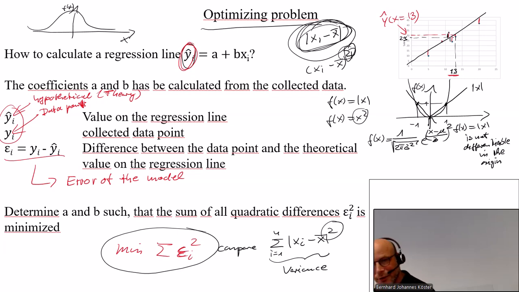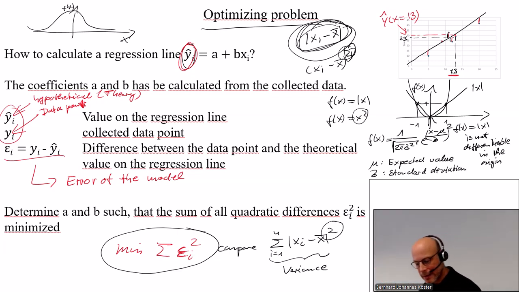Well, it's much larger, I'm sorry. So mu is the expected value and sigma is the standard deviation.